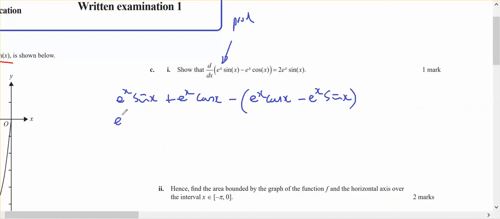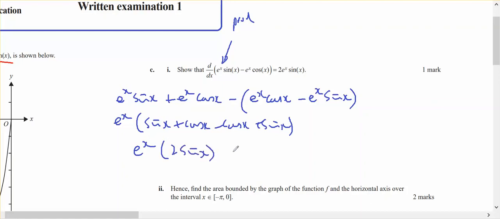That's going to be e to the x times sine of x plus cos of x, minus cos of x, plus sine of x, equals e to the x times 2 times the sine of x, which is 2 e to the x sine of x, and that equals the right-hand side, so that's correct.